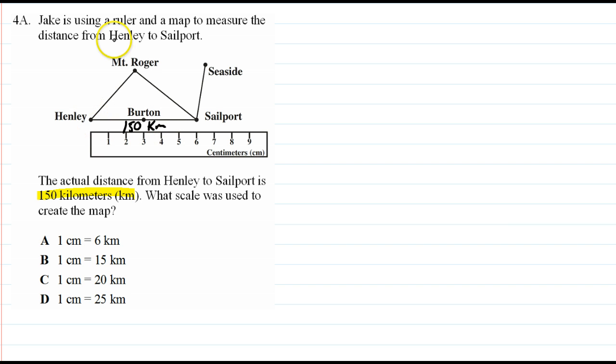And using the ruler, we know from here to here it's 6 centimeters. So again, we're just going to start with that idea of setting up a ratio. So 6 centimeters is the same as 150 kilometers.